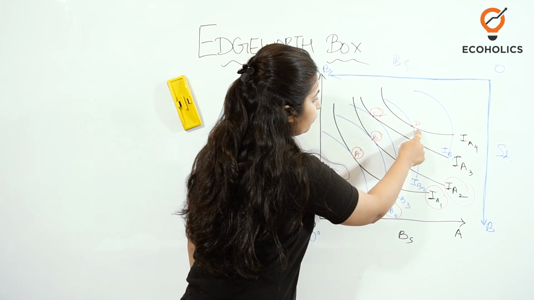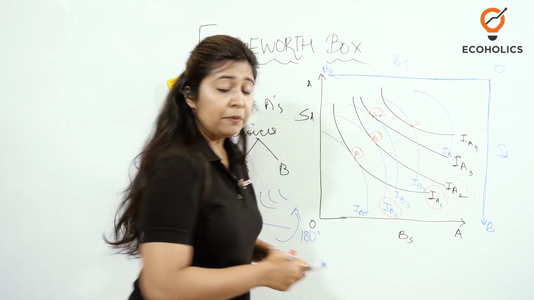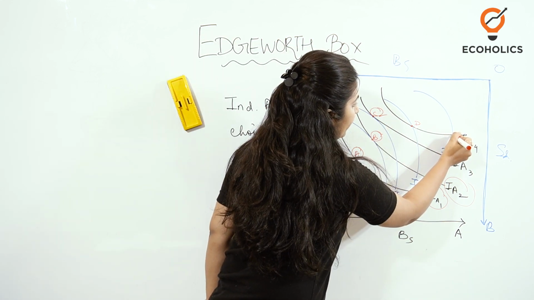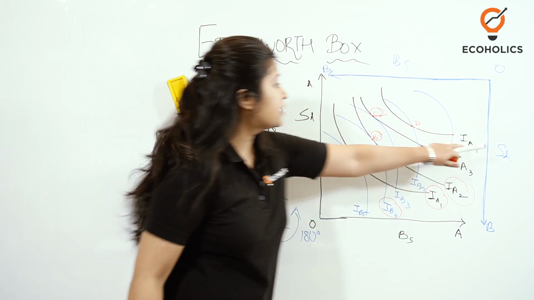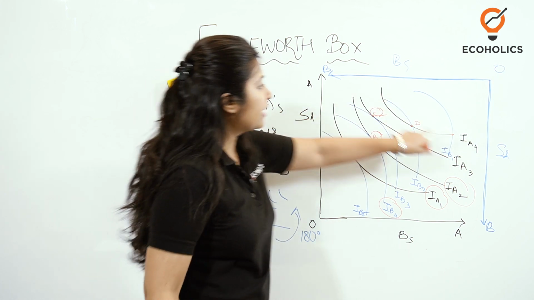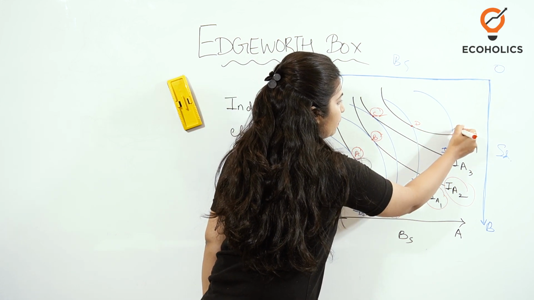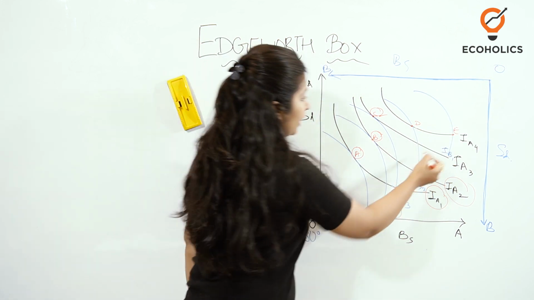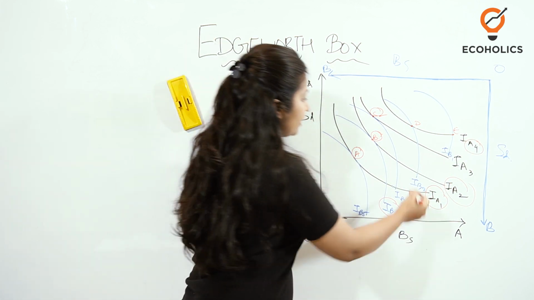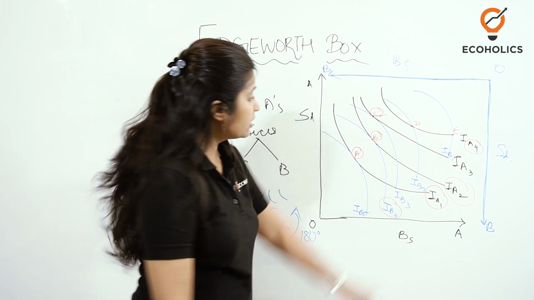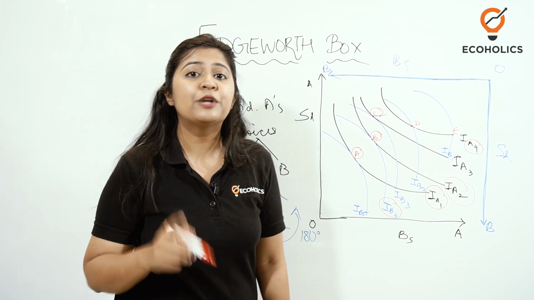Also, because individual A is indifferent among all the points on indifference curve A4, if it moves from point D to, let's say, point E, then individual A is definitely going to be better off, but individual B is going to be worse off, because it is going from B2 to B1, which is not a good condition for Pareto optimality.